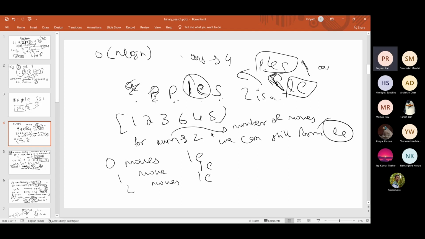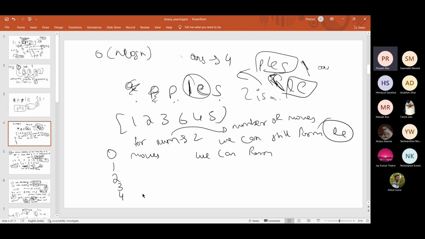But we need to find the maximum answer. So essentially, what does the function look like? For 0 moves, we can form the subsequence. Same thing with 1, 2, 3, and 4.